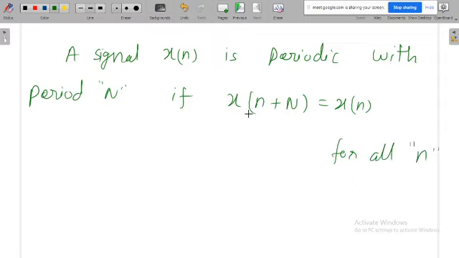Already we have seen this in continuous time: x of t plus t naught is equal to x of t. Now we are just replacing t with n, that's it.